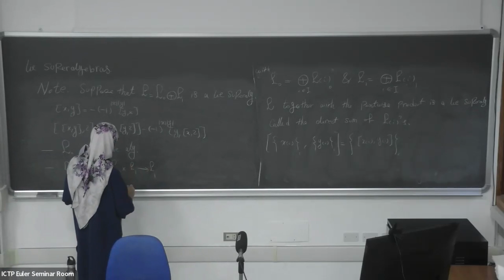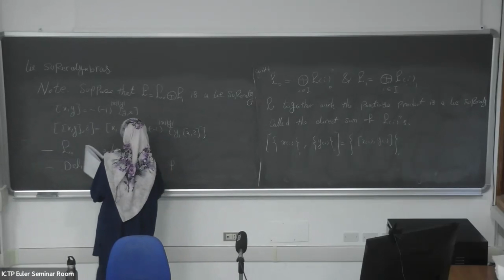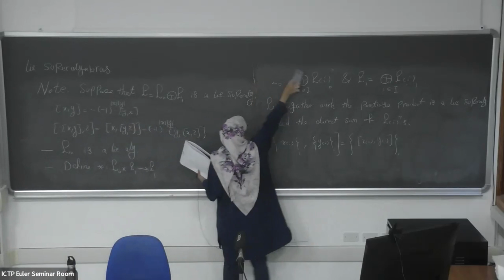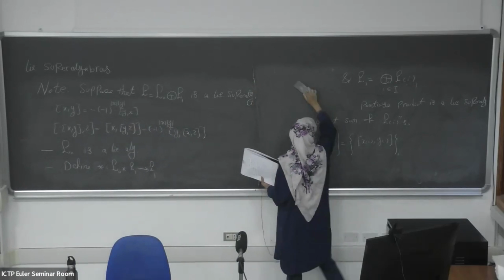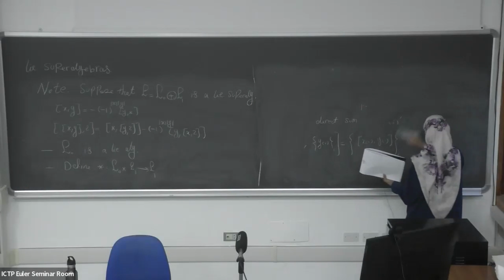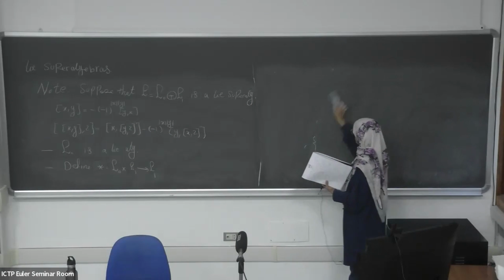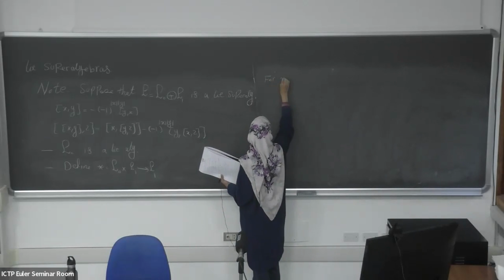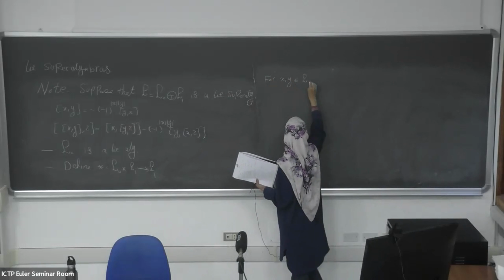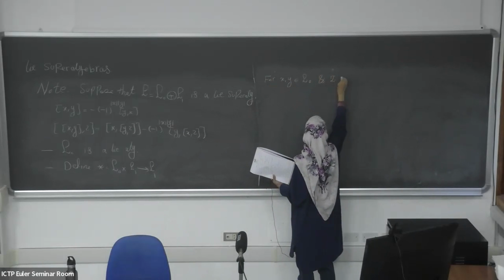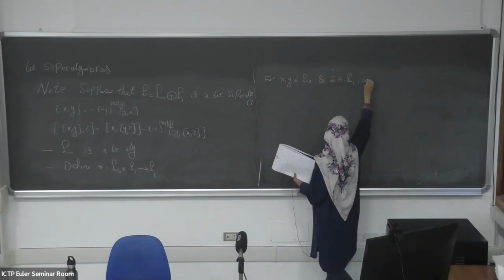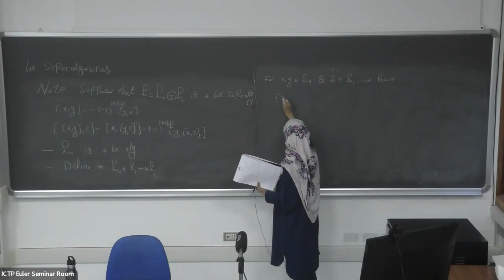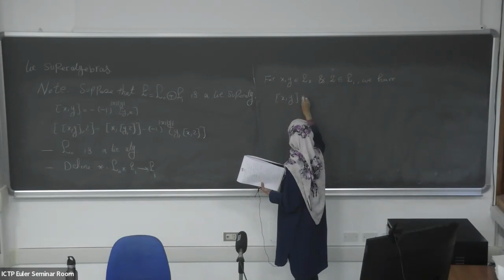For x, y belonging to L0 and z belonging to L1, we have the bracket of x, y star z.